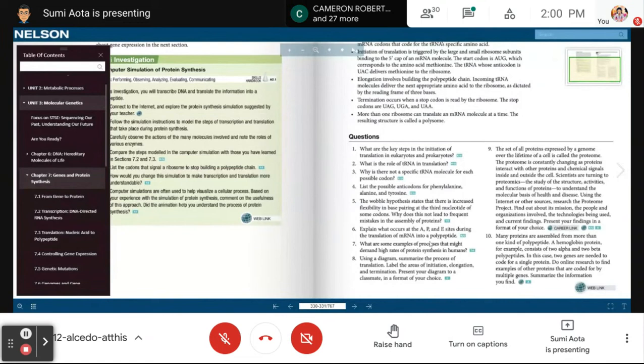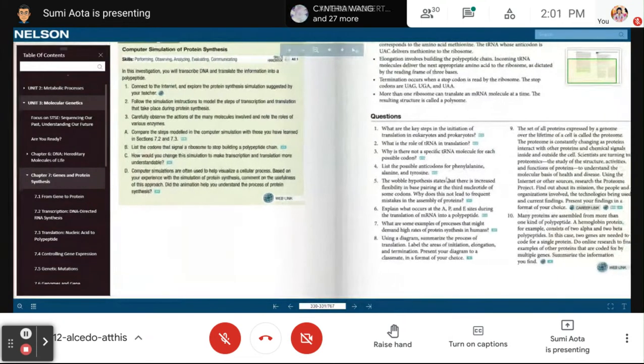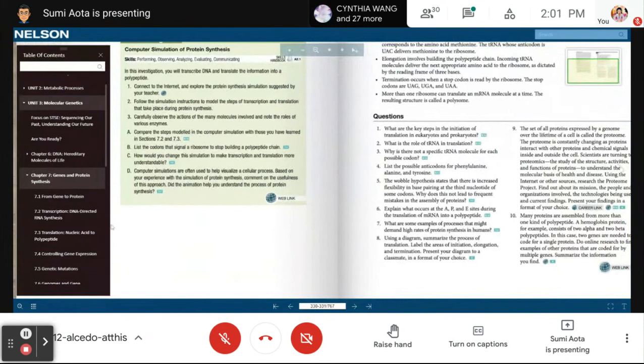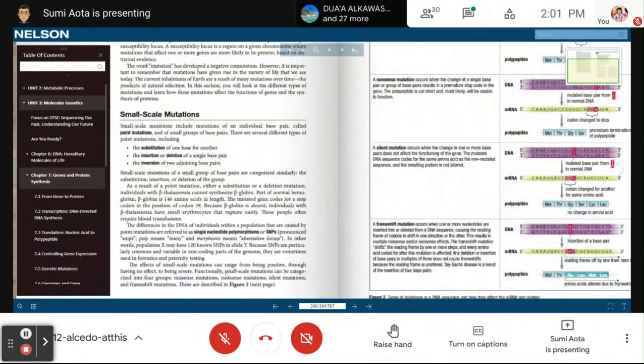Okay, so on that page, 1 through 8. And then the other thing to look at is 7.5, genetic mutations, which is what we just looked at.